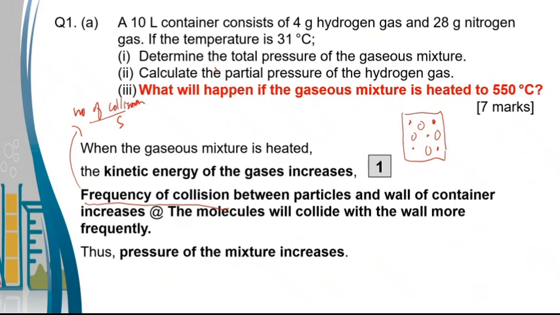Therefore, the pressure of the mixture will increase. There are 2 marks allocated for the answers. The first mark will go to kinetic energy increases. The second mark will be the frequency of collision between particles and wall of container increases and pressure increases.